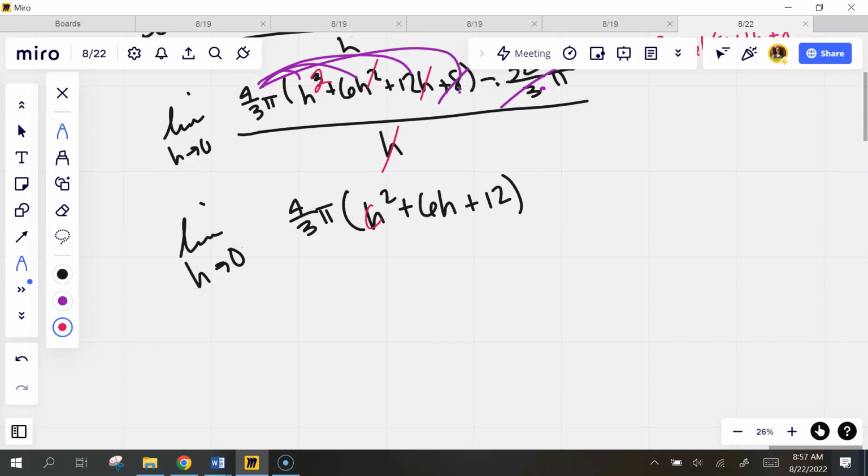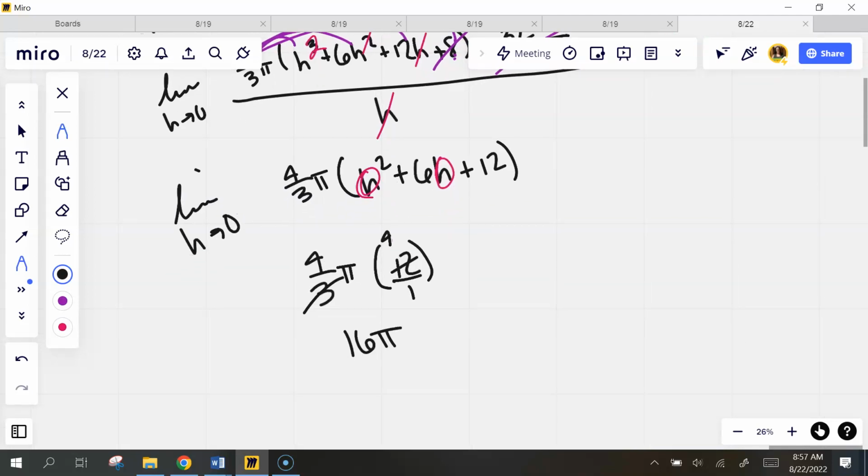And if I put that 0 in for H here and here, I end up with 4/3 pi times 12. Or 48/3 is 16. I just reduced 12/3 to 4.